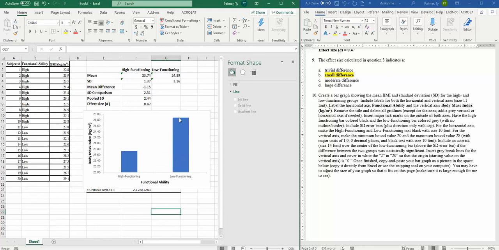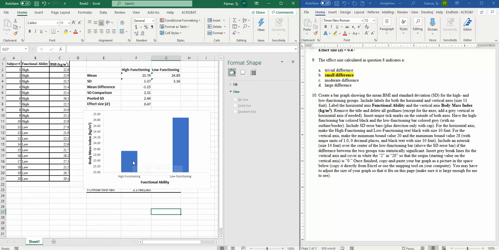Same thing for the low functioning, which was 24.89. If we go to the top of the bar and scroll over to the vertical, it's in between these two at about 24.89. That looks right. That's another way to check yourself: make sure the bar graph is correctly demonstrating the means. You can eyeball it and make sure that looks appropriate.